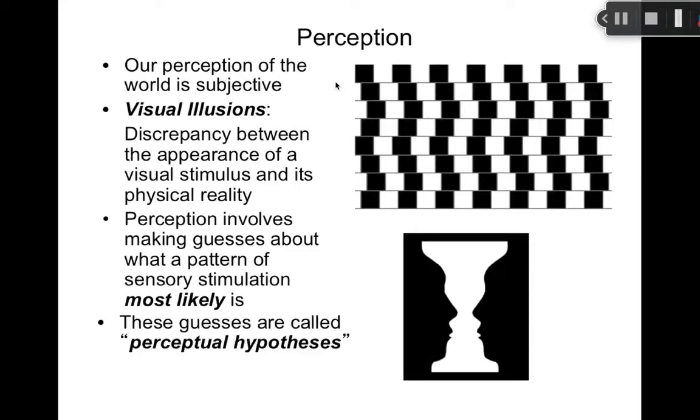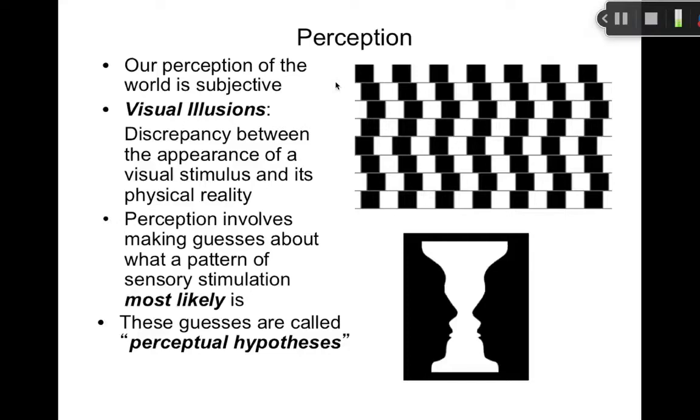And these guesses are called perceptual hypotheses. So most of this is unconscious. We're processing sensory information. And again, visual apparatus is what we're focusing on, but there's other senses, certainly, that provide us with information about the world out there.